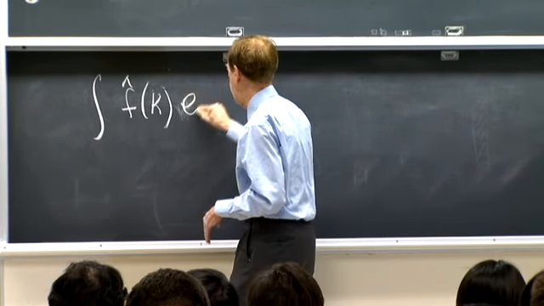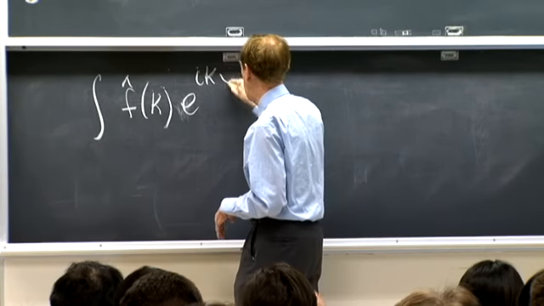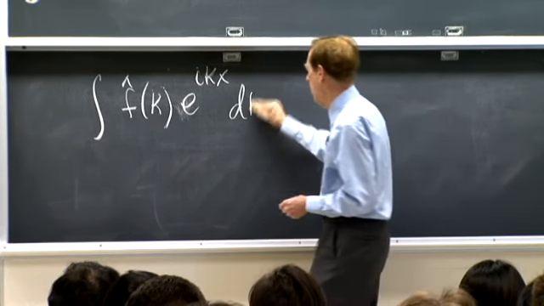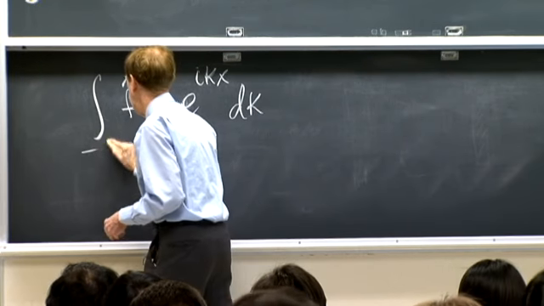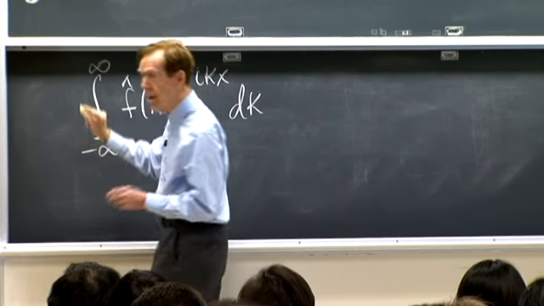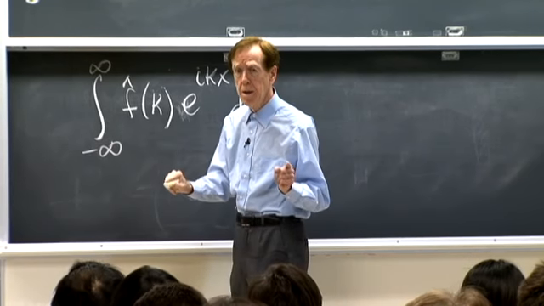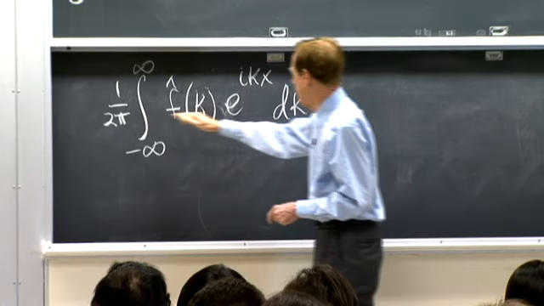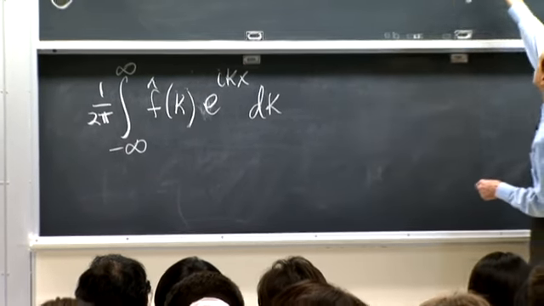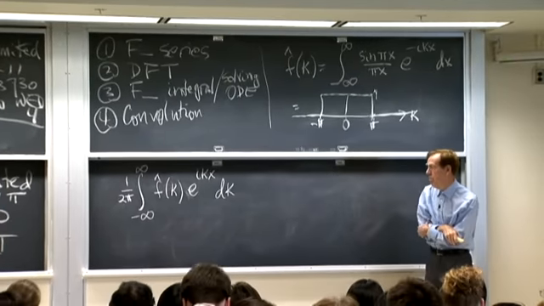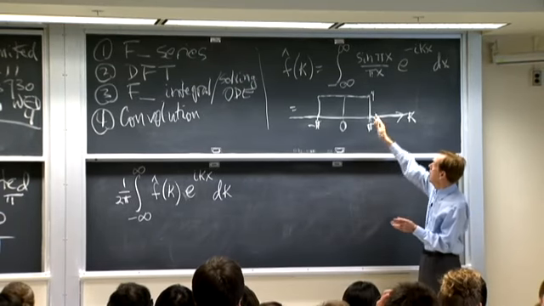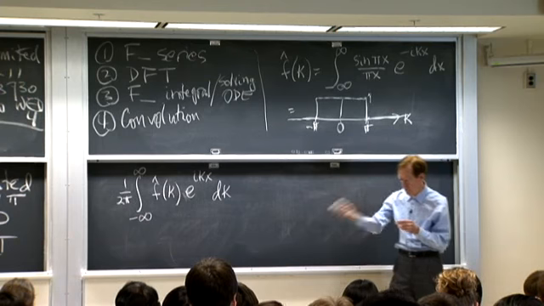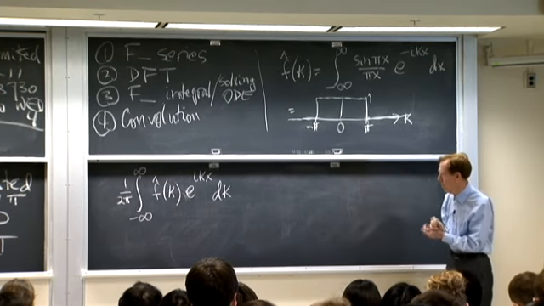It'll be an e to the plus ikx, dk, from k equal minus infinity to infinity. And now I think I do put in the 2 pi. Is that right? The question is, does that bring back the sinc function? If the transform is correct in one direction, then the inverse transform will be correct.